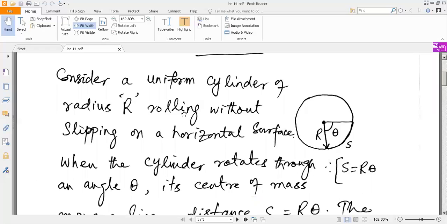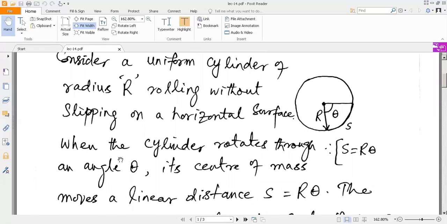We consider a uniform cylinder of radius r, which is rolling without slipping on the horizontal surface. For the accuracy of measurements and to avoid any errors in the modeling of the motion, we are assuming that there is only rolling motion without any type of slipping along the horizontal surface.